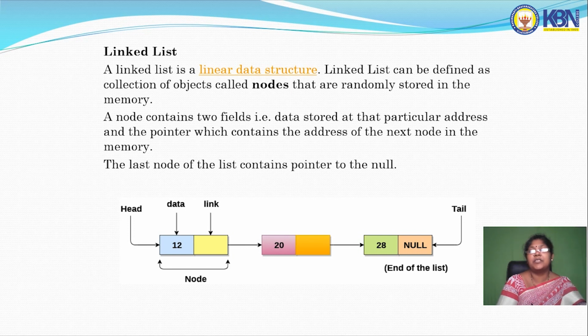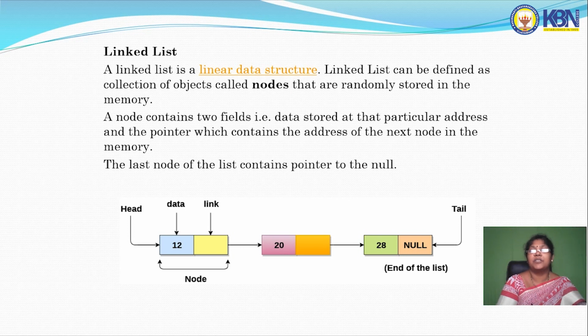The next element is 20. Maybe the 20 has some location, we call it an address, that will be linked or stored in the head node. Here the node is the combination of both the data and link. So the node has the link bit, the link to the next node element.